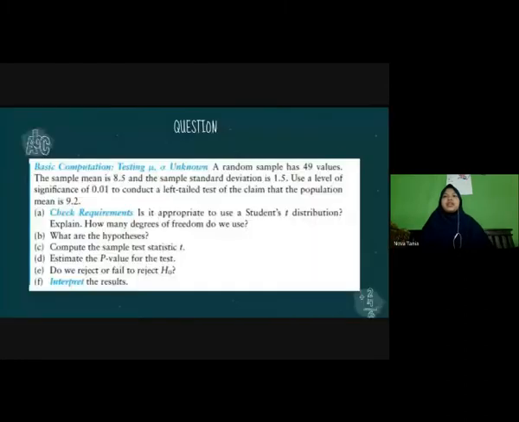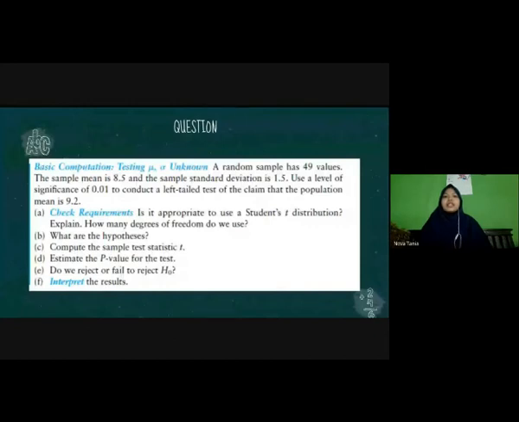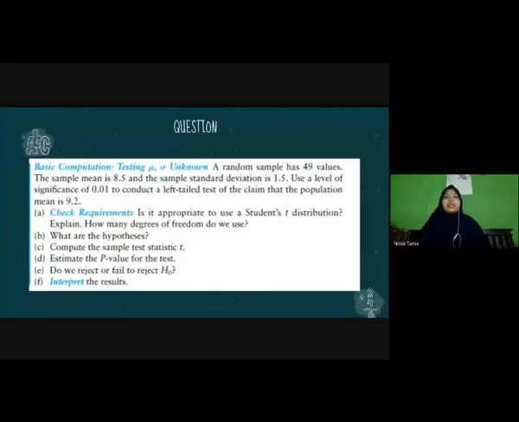Use a level of significance of 0.01 to conduct a left-tailed test of the claim that the population mean is 9.2. The first question: is it appropriate to use the student t distribution? If appropriate, explain it, and how many degrees of freedom do we use?